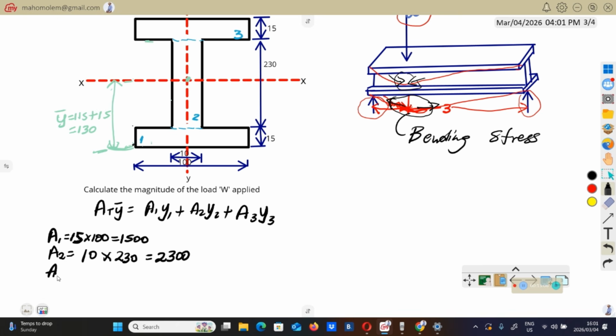Area 3. There will be this area here. You do the same thing. It will be this side multiplied by this side. So it's going to be 100 multiplied by 15. It's 1,500.